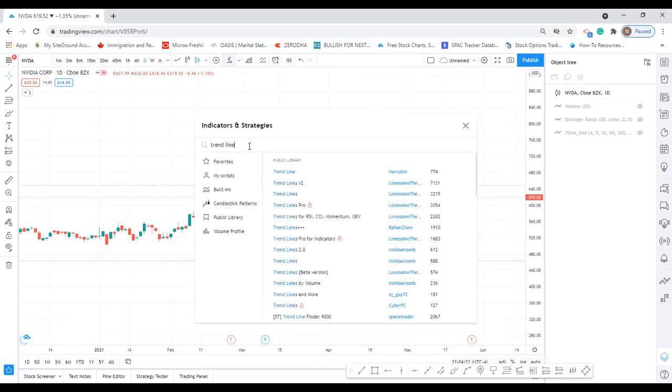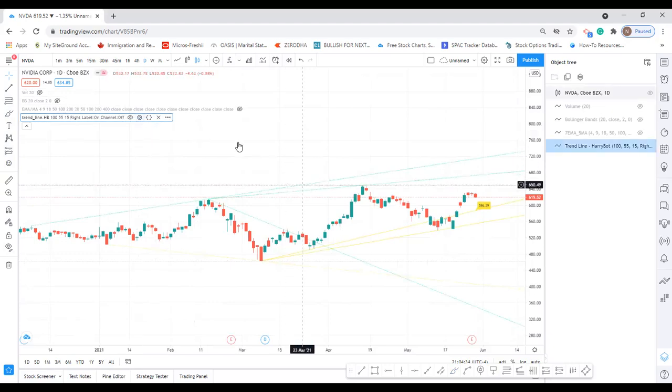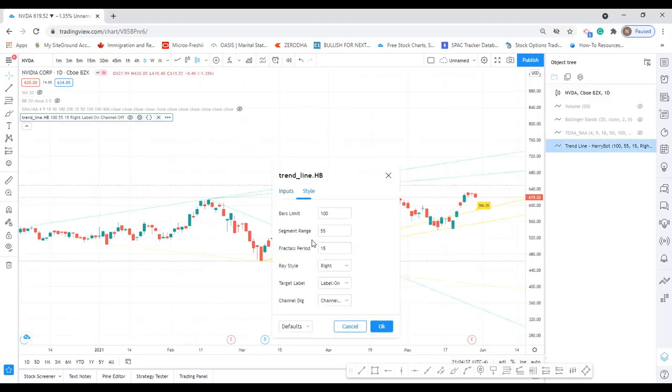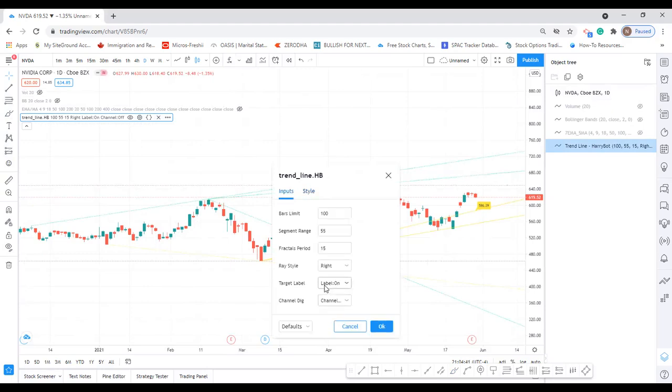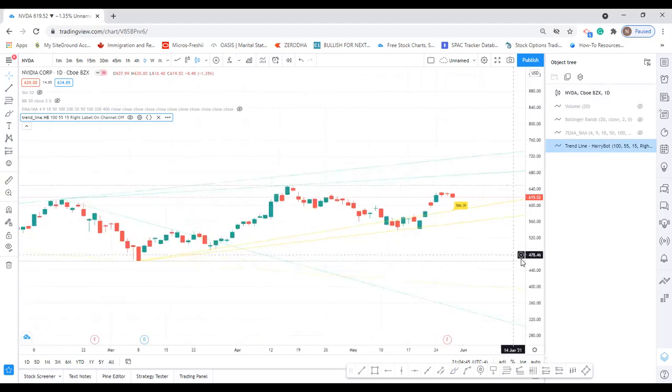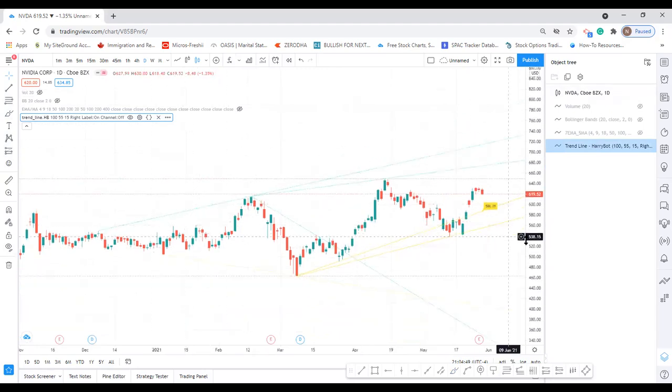Okay, let me see it. This is the trend line indicator, and if you see, it draws the trend line for you. Let me go to the inputs, style, default. I cannot change the color or anything here, but it gave the trend line. If you see here, it has a trend line everywhere.